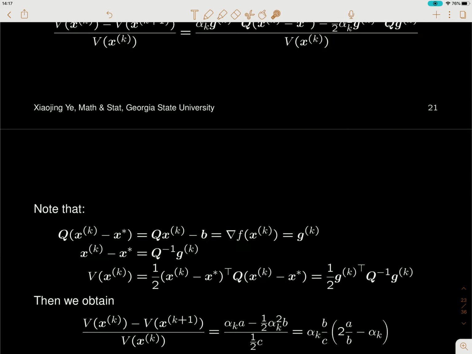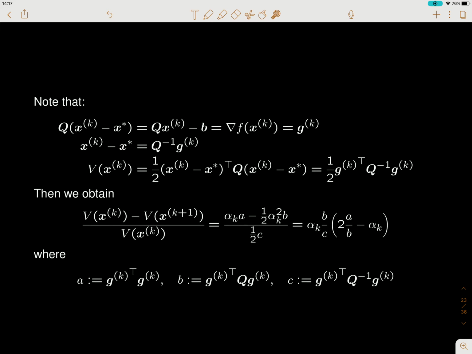Next, because Q(x_k minus x*) is equal to g_k, I apply Q inverse on both sides. Then x_k minus x* will be just Q inverse times g_k. We derived this from the previous line, the first line.